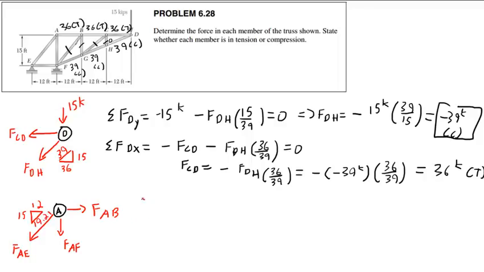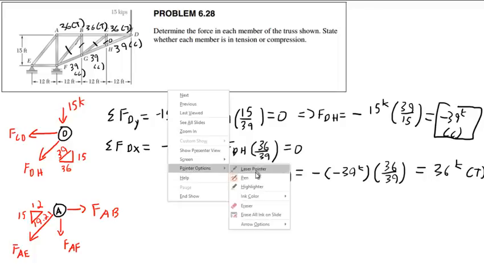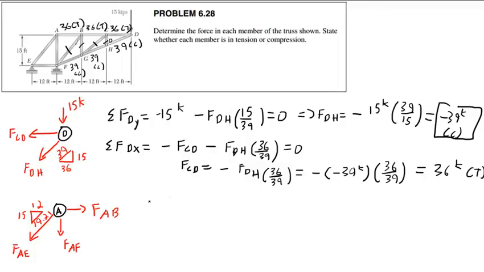All right, and then I can simply say, the sum of forces on joint A in the x direction is going to be FAB minus FAE times 12 over 19.21 equals 0.